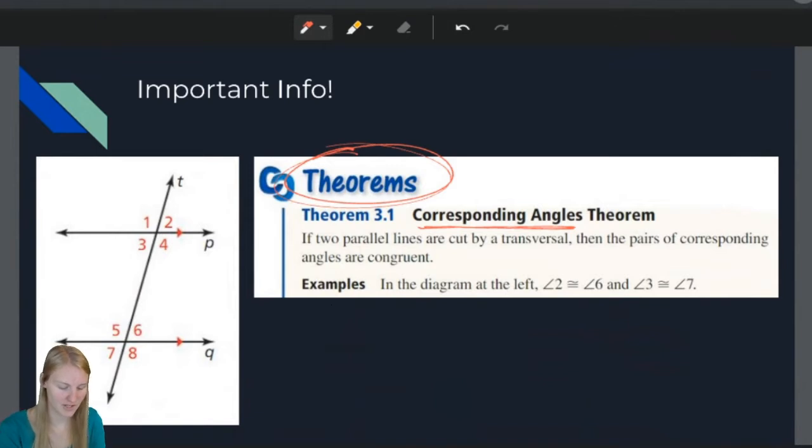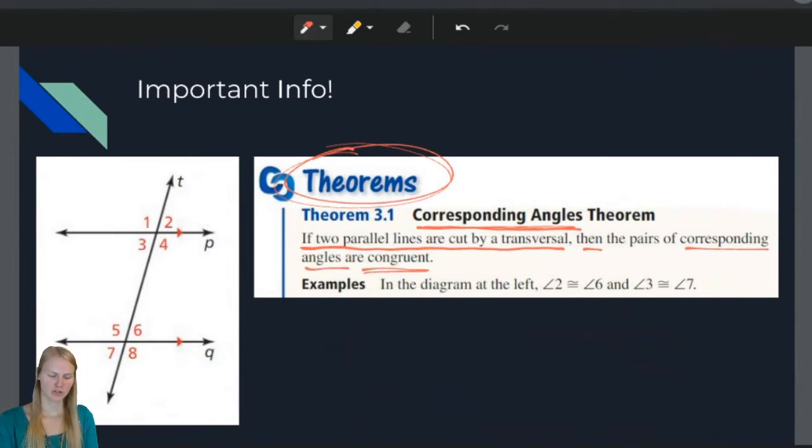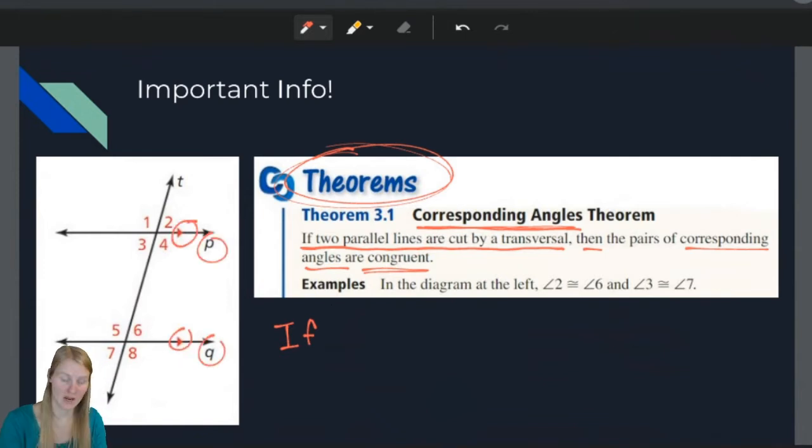So, what does this theorem say, the corresponding angles theorem? Well, it says if 2 parallel lines are cut by a transversal, then pairs of corresponding angles are congruent. So, this is important if I have parallel lines. So here we have P and Q with the red arrows.